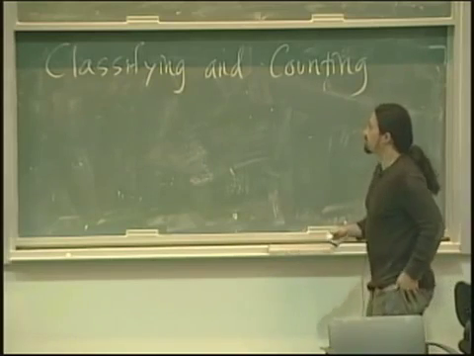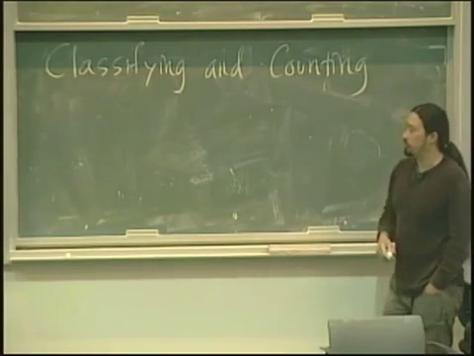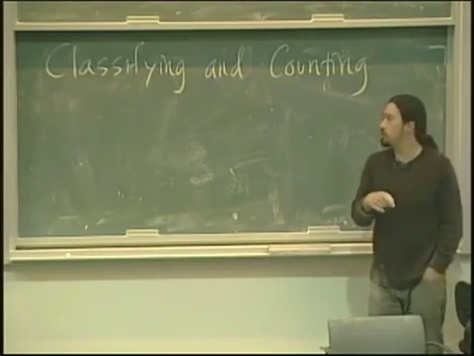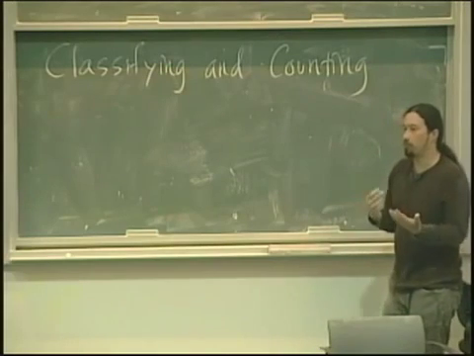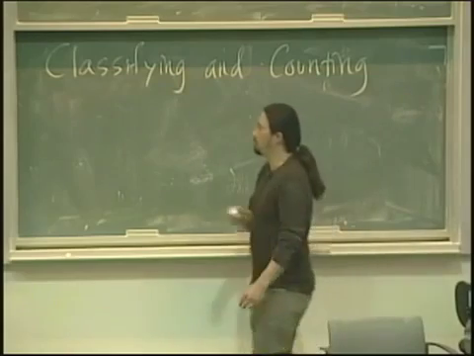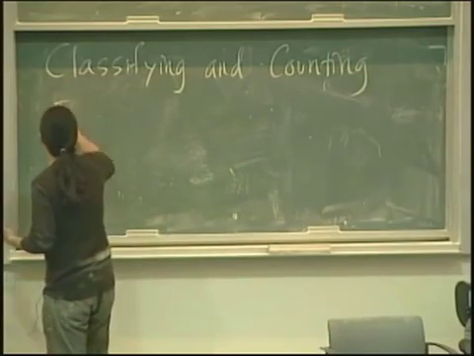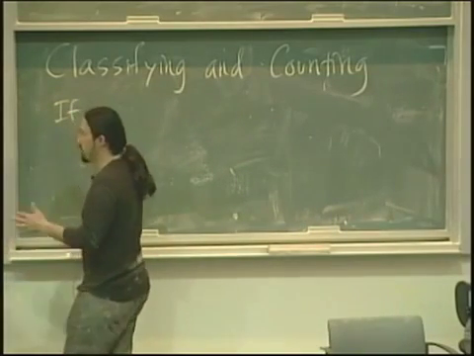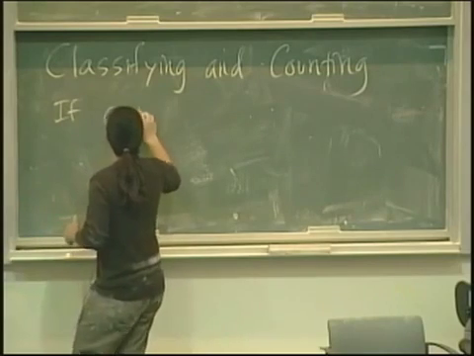The idea of classifying and counting is that if you are trying to count the number of times something happens, you can think of your box as containing 1s for the things you're counting and 0s for everything else.